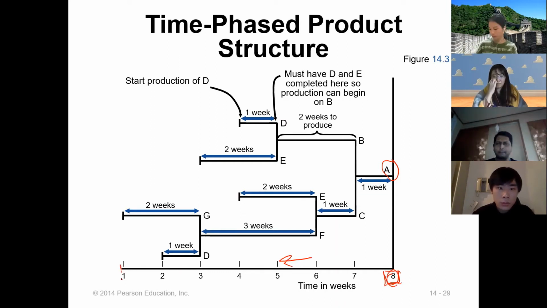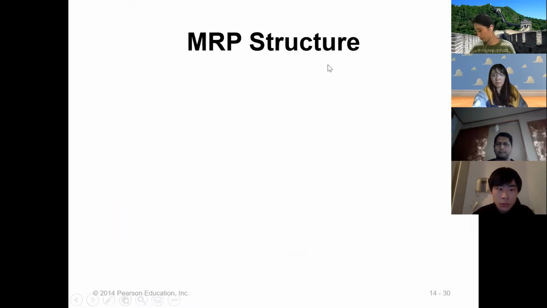We should start at the end of week 1. So at the end of week 1 we start, and finally at the beginning of week 8 we already have the product. So this is the time phase product structure.